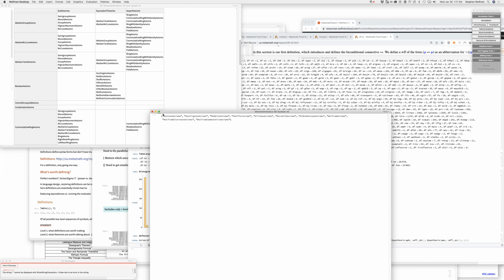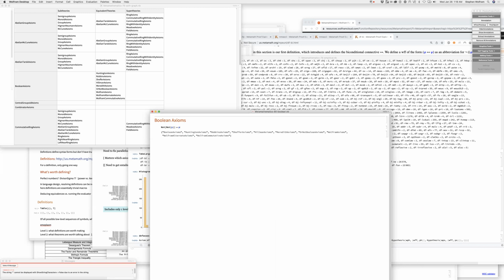What's your favorite theorem? The favorite theorem might be, let's do not. Not of not is, okay, that theorem there. Is that a reasonable one?